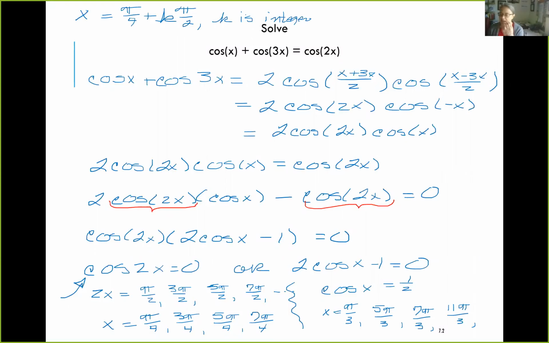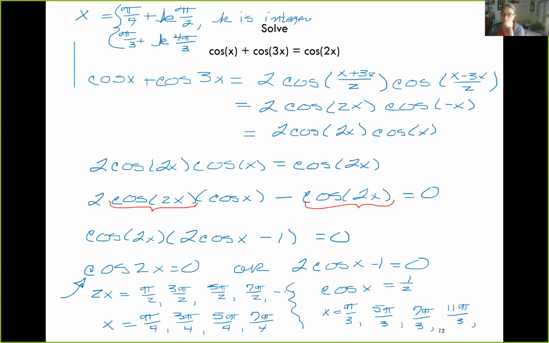So each time we add 4 pi over 3. So the other half would be pi over 3 plus k times 4 pi over 3. Actually, do we add 4 pi over 3? We do, where k is any integer. So this is my solution set.